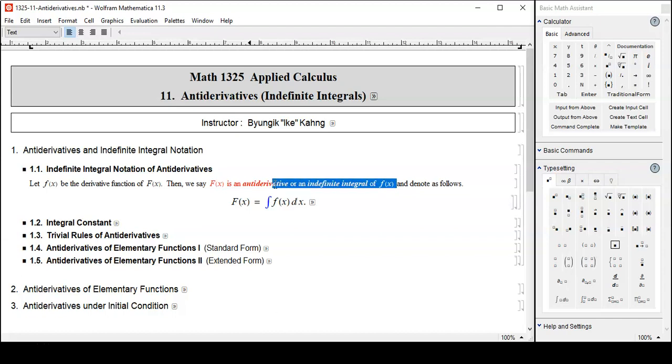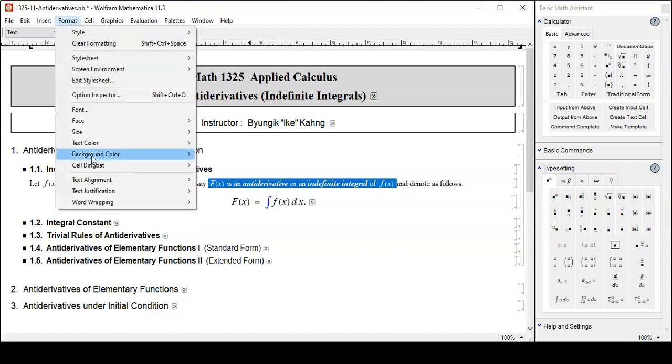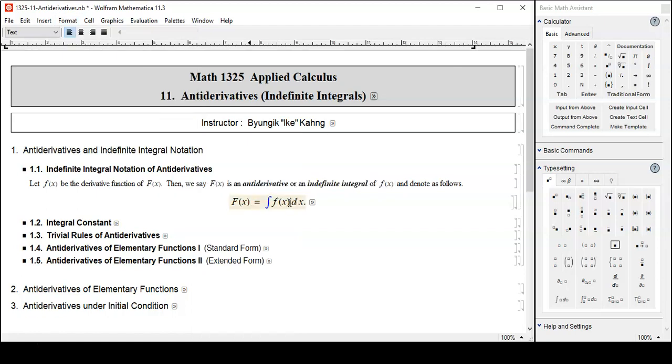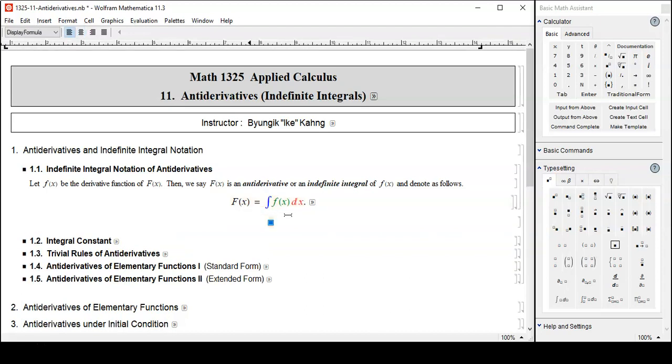So let's go back to these. I don't need this highlighting anymore. Let's go back to black. Okay, and then this one green, and then this one red. Let's decompose like this, and then we read like this. Integral f of x dx, like this.